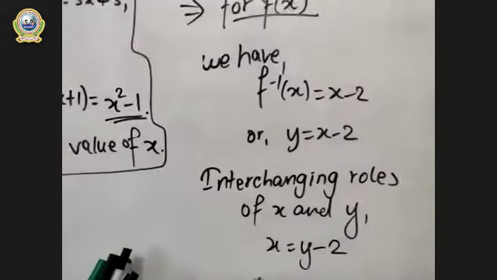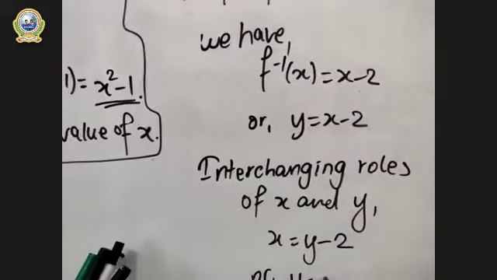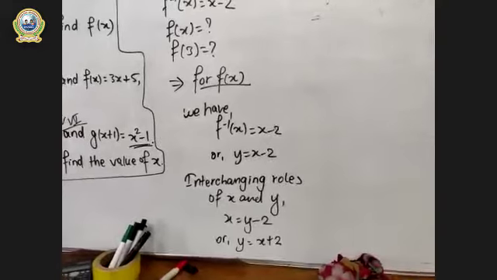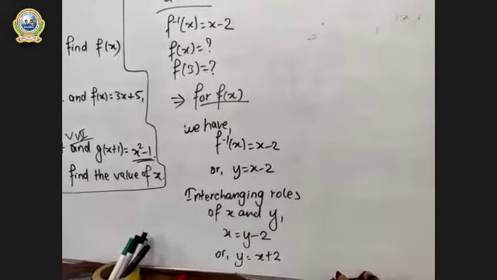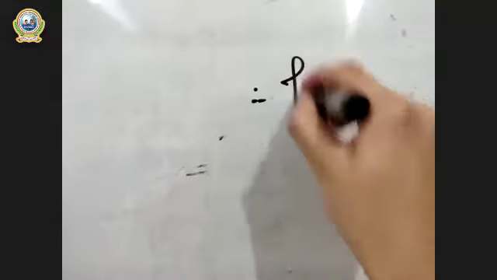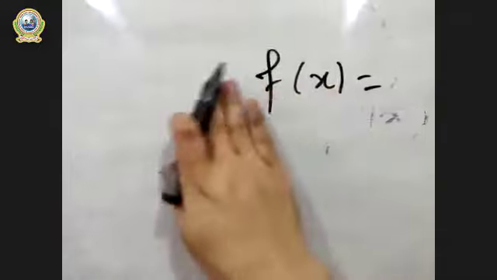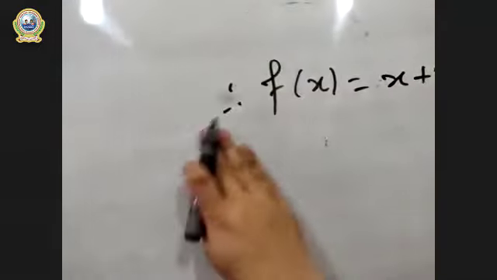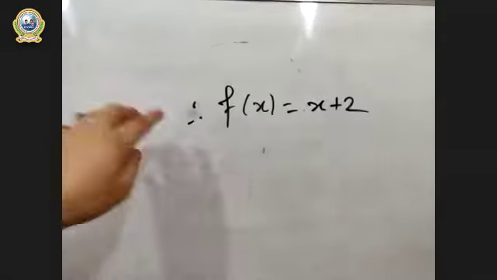Y is equal to X plus 2. Is this clear? So our final function will be, therefore, Fx is equal to X plus 2. We can replace this Y as Fx.